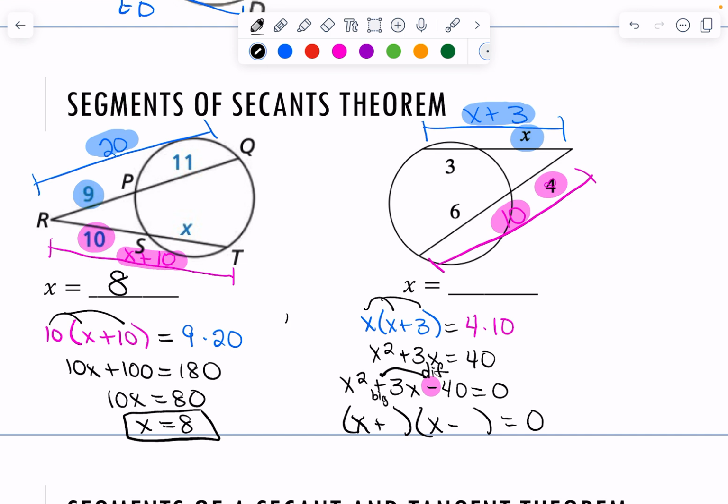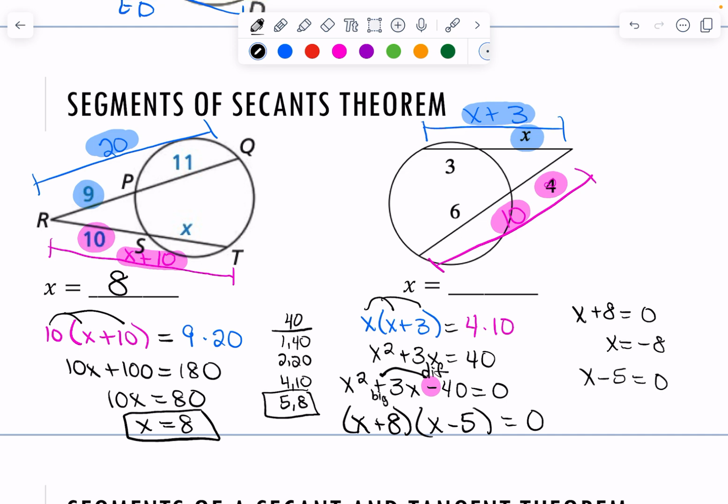Factors of 40: we have 1 and 40, 2 and 20, 4 and 10, 5 and 8. My signs are different, so I want them to subtract to equal 3. So that's going to be 8 and 5. Then I set that equal to 0, so x plus 8 equals 0, which gives me x equals -8, and x minus 5 equals 0, which gives me x equals 5.